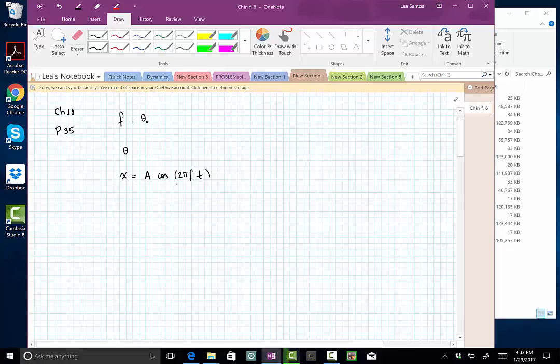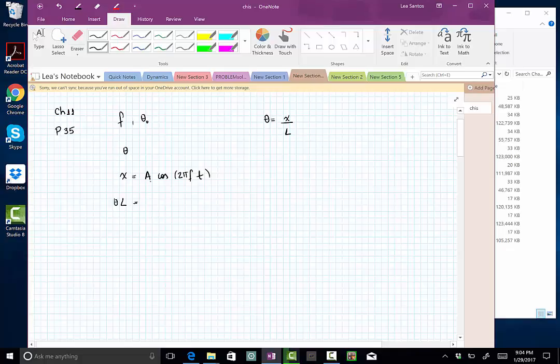Remember that when we define angle in radians, the angle is the arc x divided by the length of the pendulum, which is L. So I can just write this x as theta multiplied by L. Instead of the arc, I'm writing theta multiplied by L. And this is equal to the amplitude.